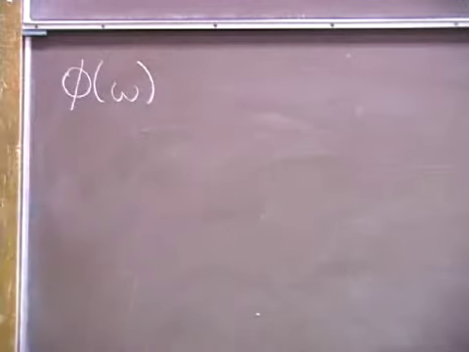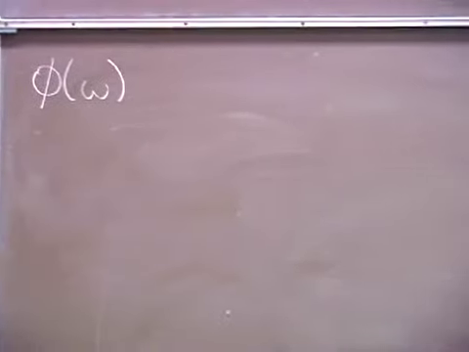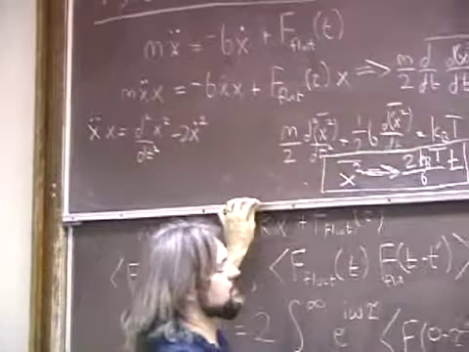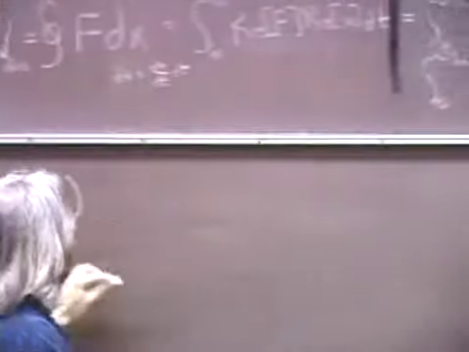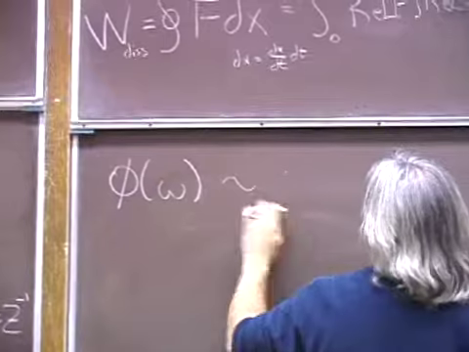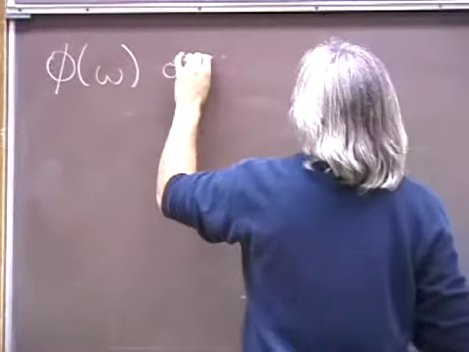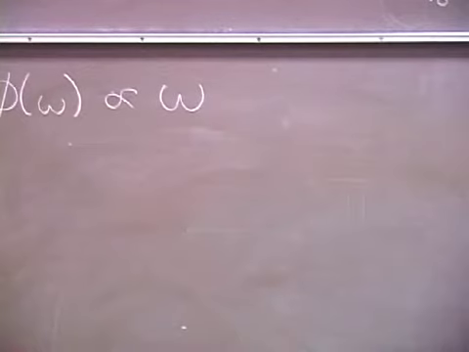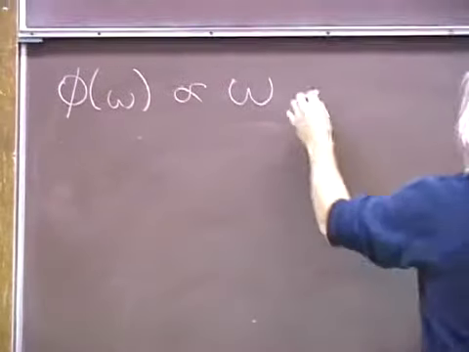Now there are basically three kinds of dissipation that we see mostly in nature. This velocity-dependent dissipation is just a phi which is proportional to frequency. We can call this viscous damping.